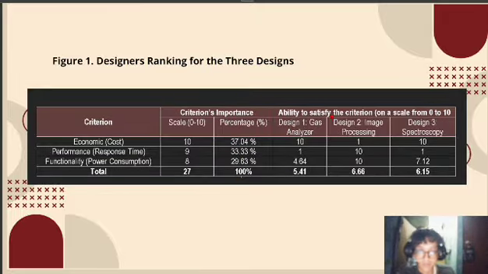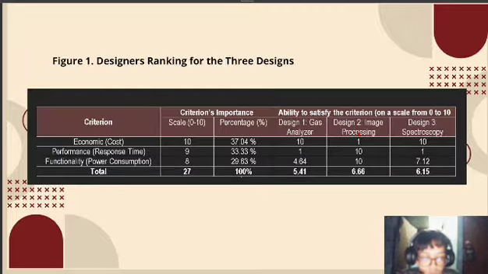So for the normalization of each design, for the economic cost, for the design 1, we computed the value is equal to 10. For the design 2, the economic cost value is equal to 1. For the design 3, is equal to 4.64. For the performance, the design 1's normalization is equal to 1.